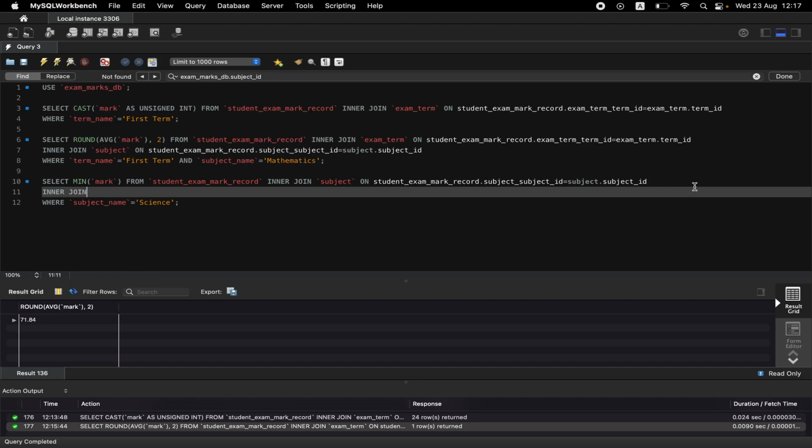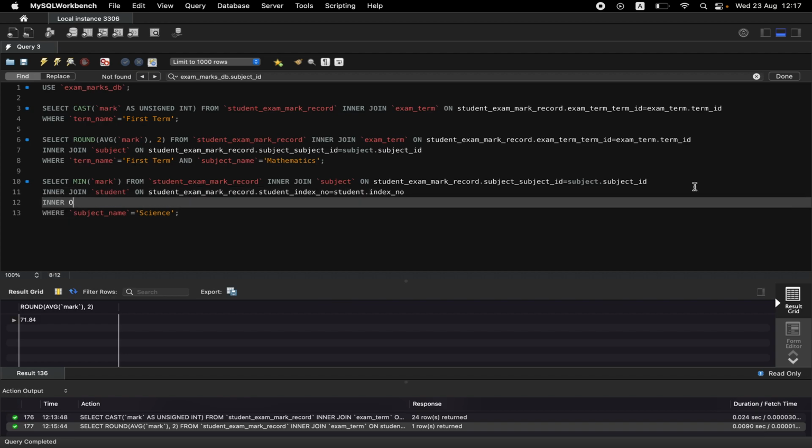So inner join here, another inner join student on student exam mark record, inner join, student exam mark record dot student index number equals to student table index number.